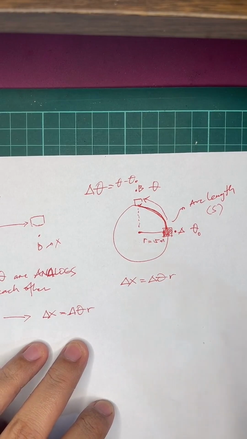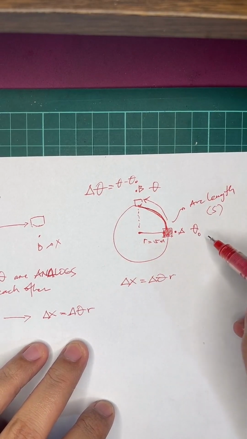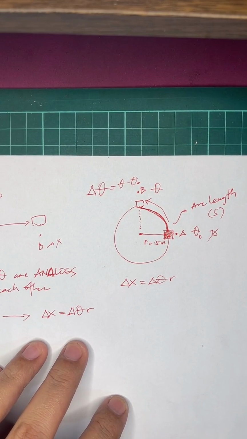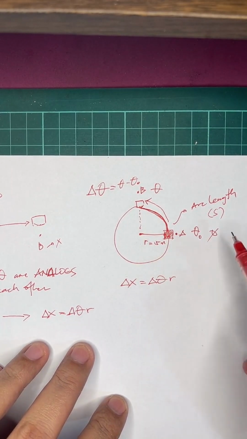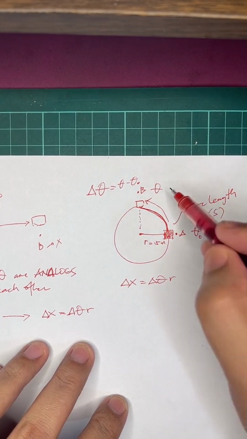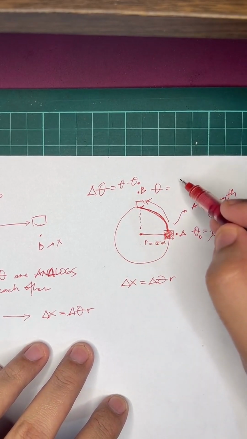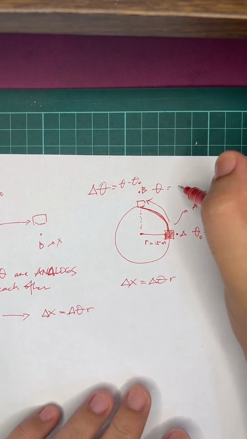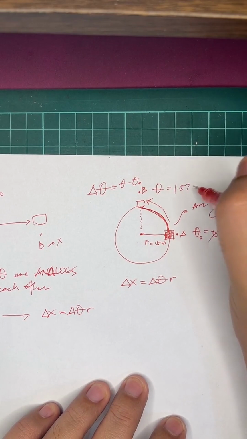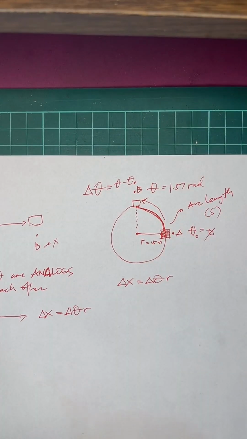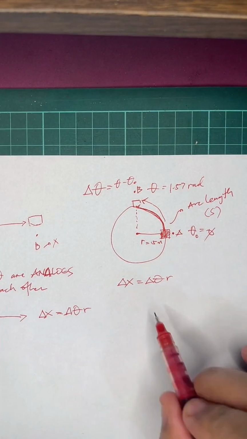So let's say we start here from 0, and then the final would be pi over 2, 1.57 radians.